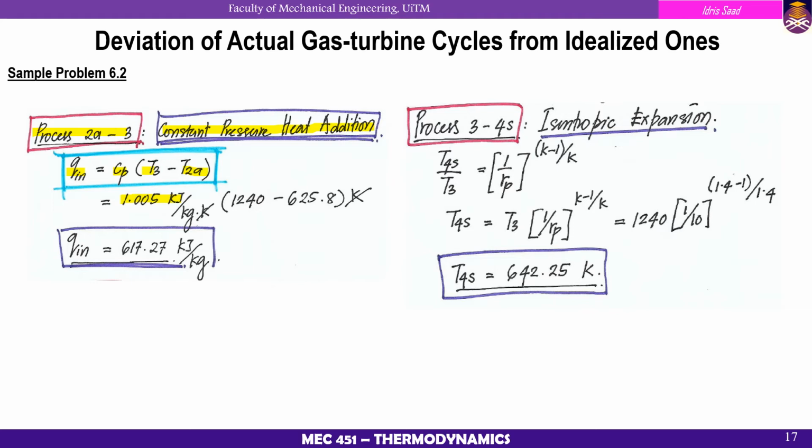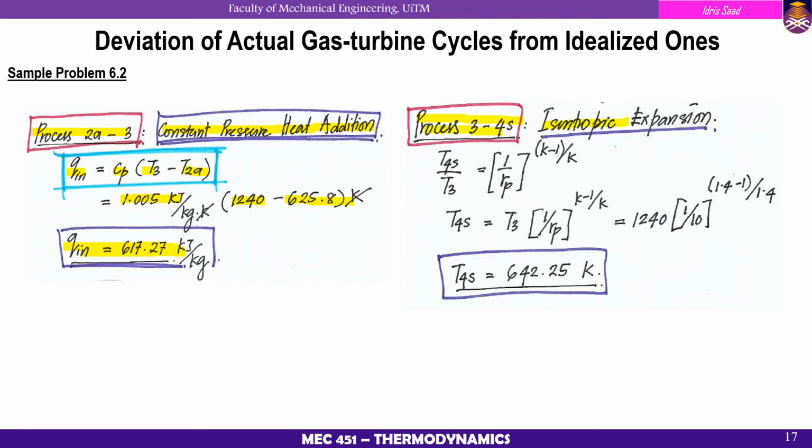The question already gave us T3 is equal to 1240, and we already calculated T2A as 625.8. Substitute all the required information, and we can calculate Q in is equal to 617.27 kilojoule per kilogram.